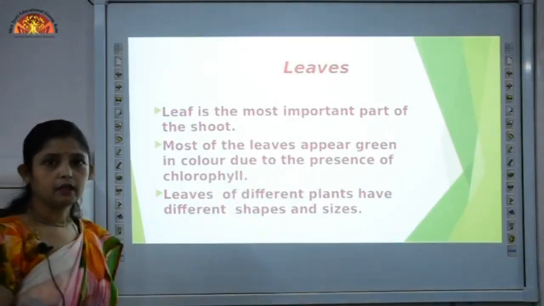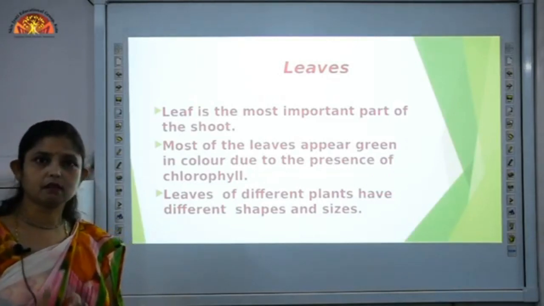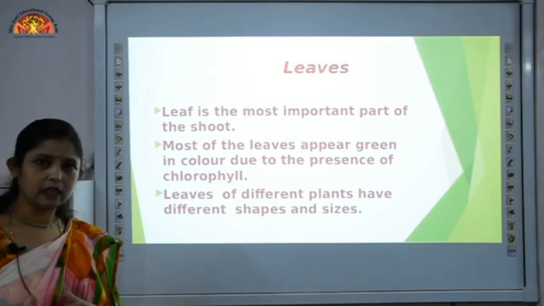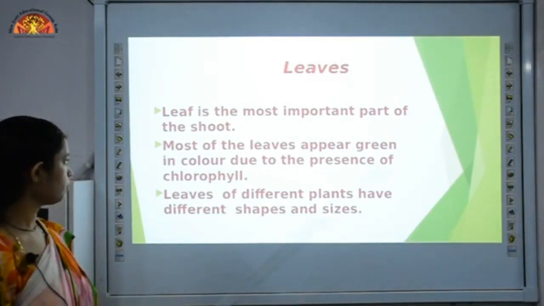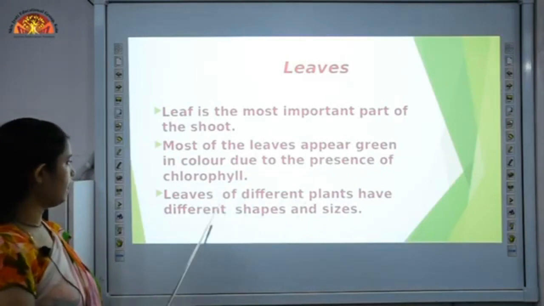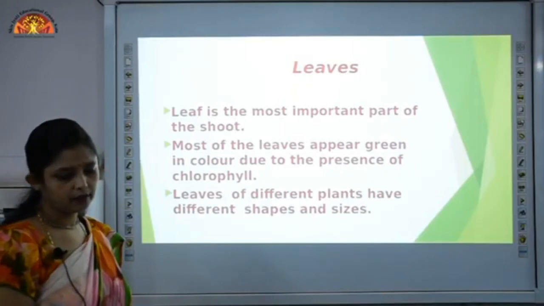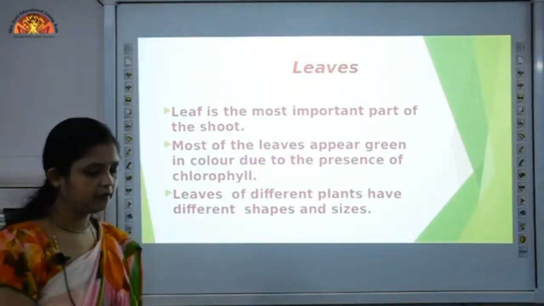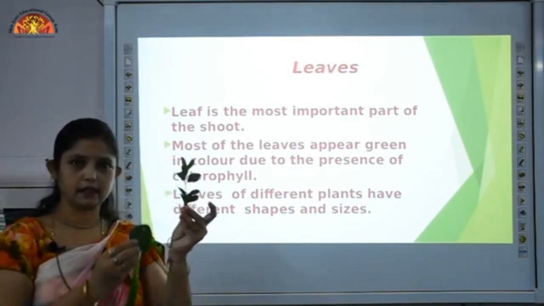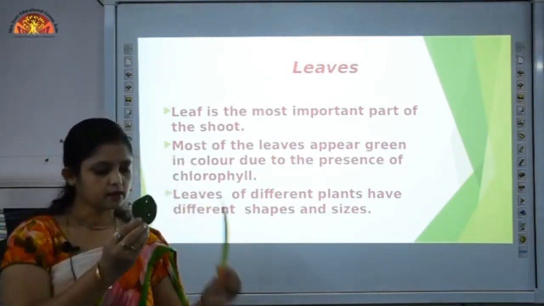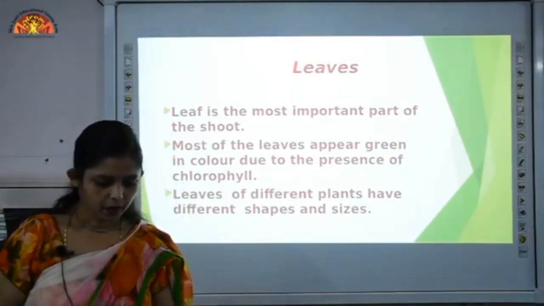Children, there is one substance called chlorophyll, which is green in color, and this is present in leaves. That's why leaves also appear green in color. Leaves of different plants have different shapes and sizes, as I have shown you, and you can see here again, this is the longer one, and this is another size.